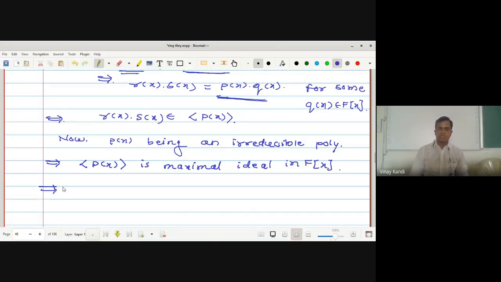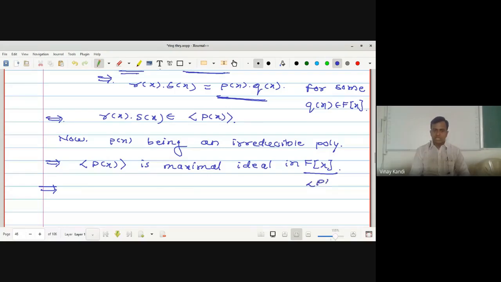जर आयडियल जनरेटेड बाय मॅक्झिमम आयडियल असेल तर तो काय असतो? प्राइम आयडियल. नीट लक्षात ठेवा, in commutative ring with unity every maximal ideal is prime ideal, but converse is not true. Okay, why?